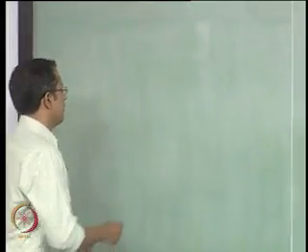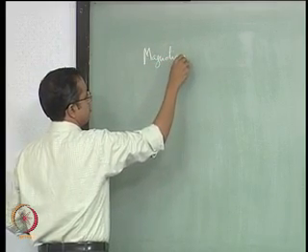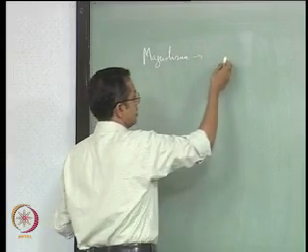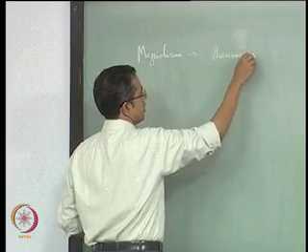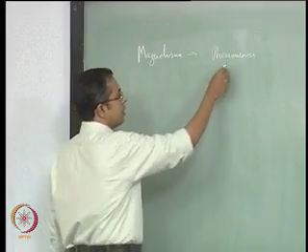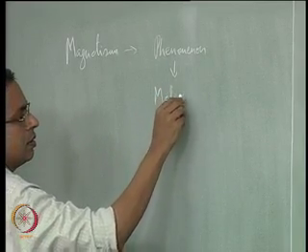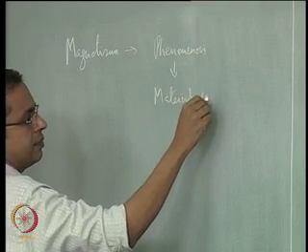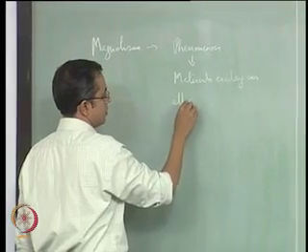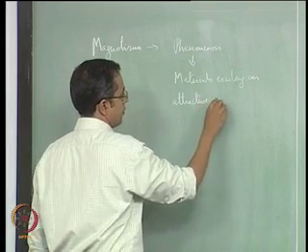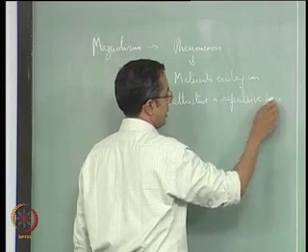So if you look at it, magnetism is basically an experimentally observed phenomenon, where we see materials exerting an attractive or repulsive force on other materials.